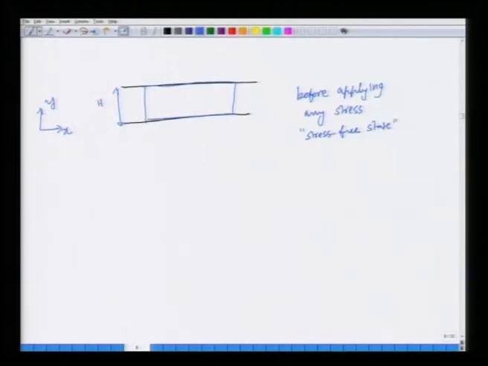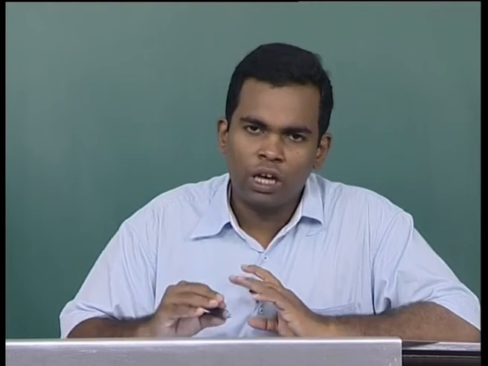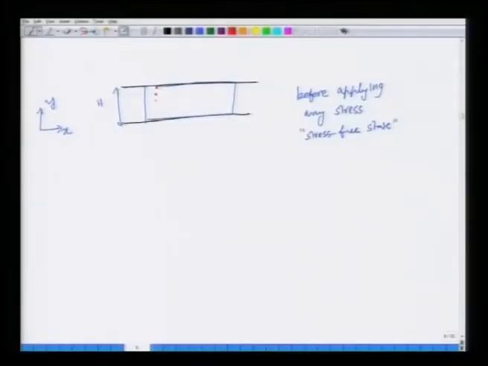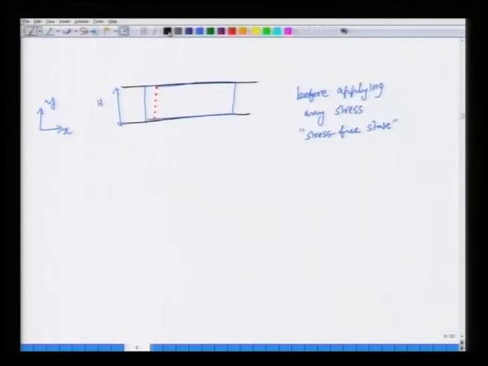We take this piece of material which is not being acted upon by any stress, it is in a stress free state. Let us mark various points with a colored dye or whatever. Let us imagine that we can mark points on a cross section of the solid with some colored material, and imagine what will happen to the same system when you now start applying stress.